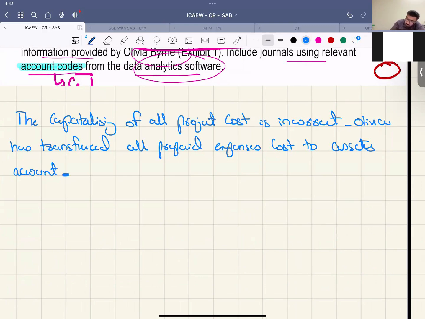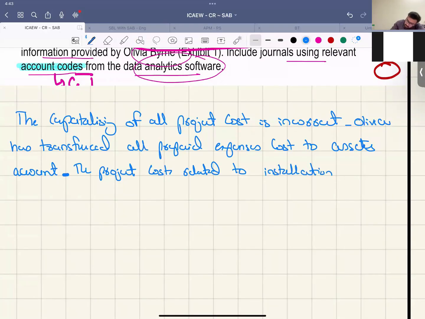Now, the project cost related to installation of machine.